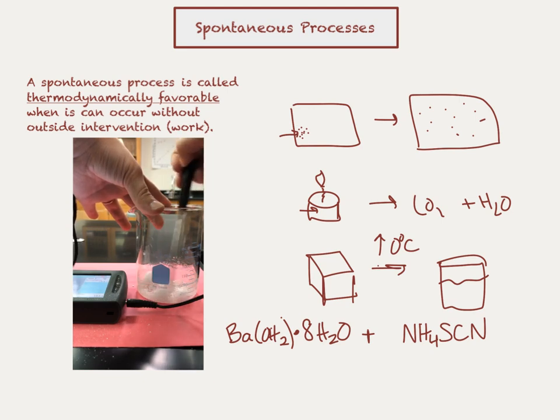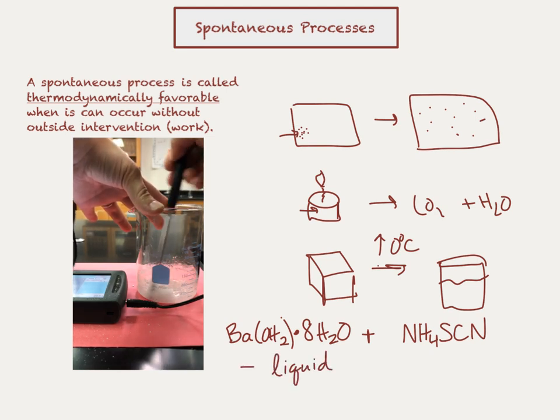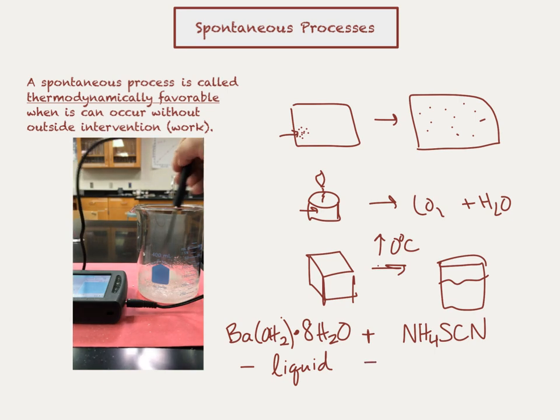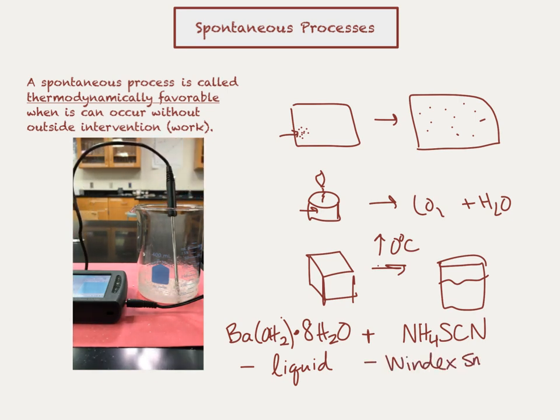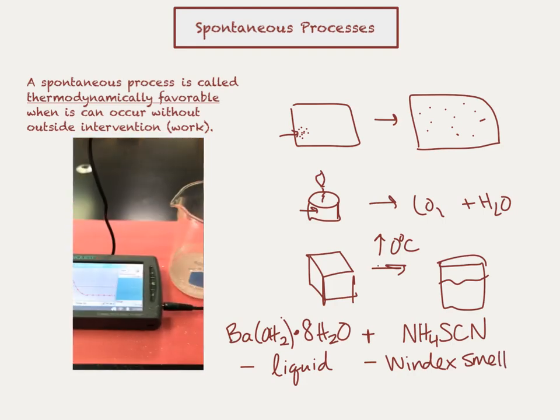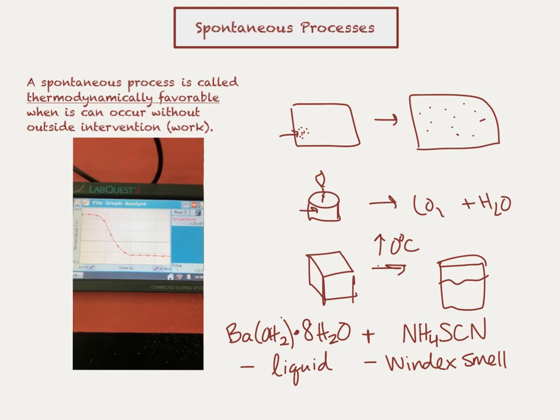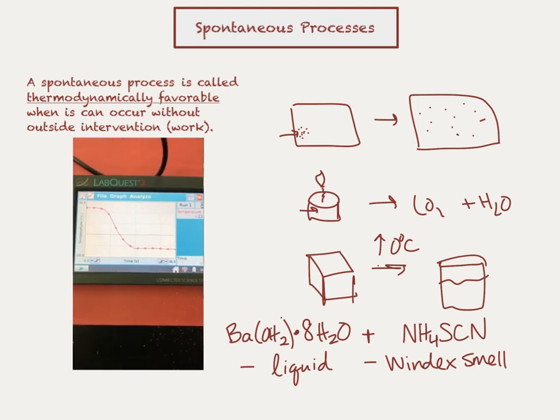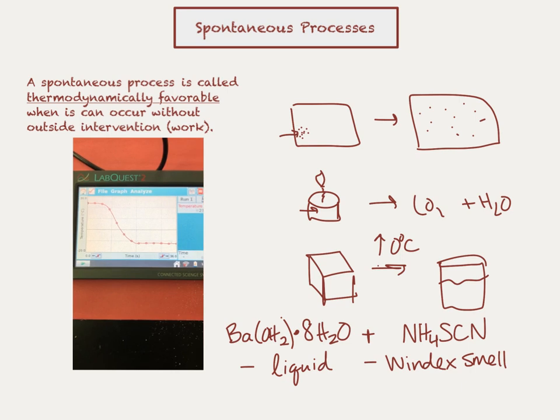So we can see some kind of liquid is forming. And I really wish I could let you guys sniff through this video, but something that you also smell is like that Windex type smell. We also see something very strange. This particular probe was a temperature probe, and you could see how the temperature dropped several degrees.